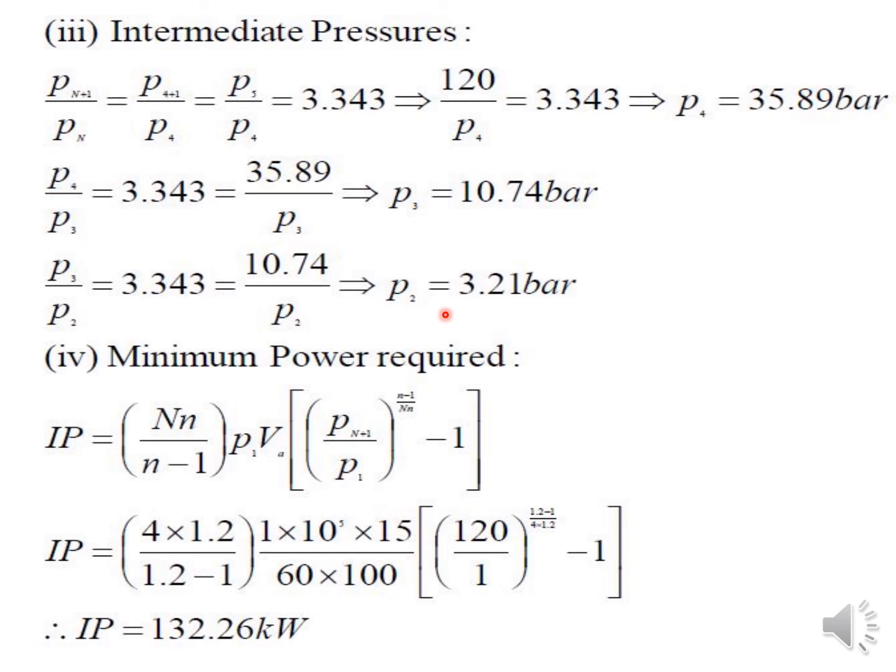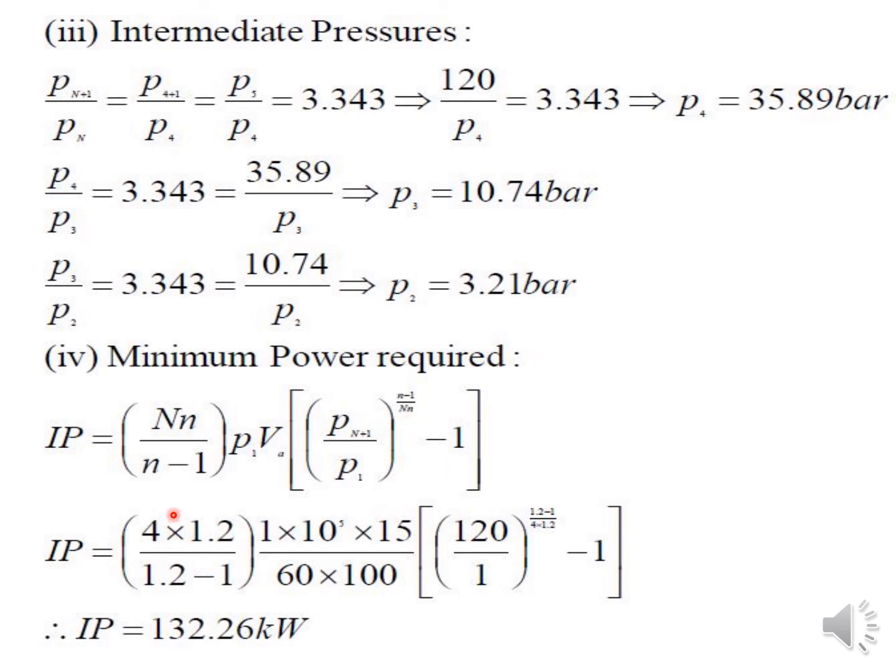So the minimum power required, the indicated power, is given by this formula: n divided by n minus 1, which we were using for a single cylinder. Now it is multi-cylinder. Multi-cylinder means multi-stage. One more N will come here. Remember this. So here N into small n divided by n minus 1, P1 VA, into P(N+1) divided by P1 raised to (n minus 1) divided by N into small n, minus 1.